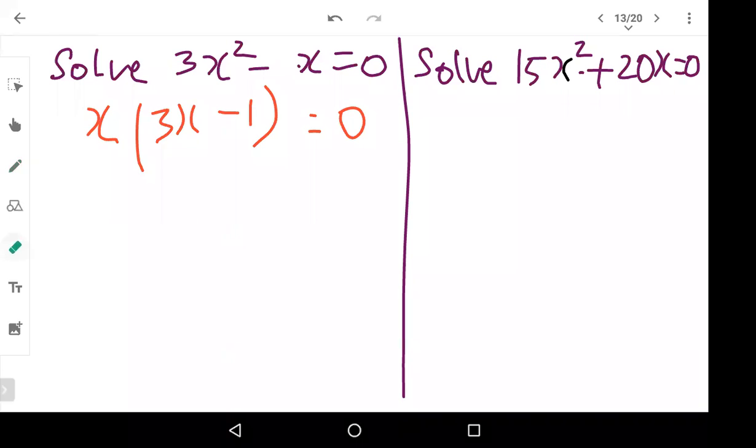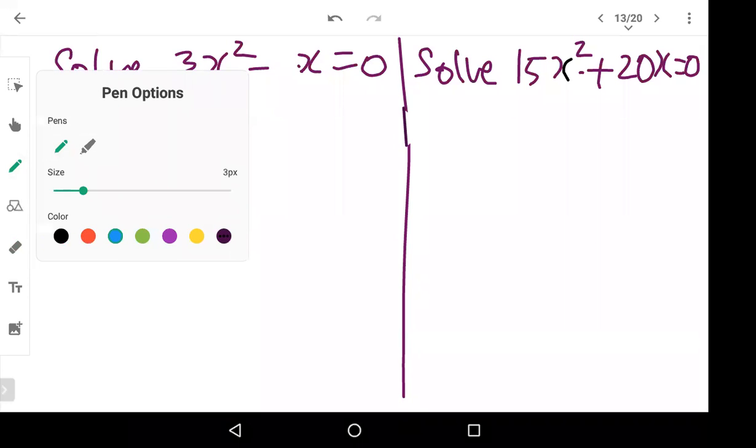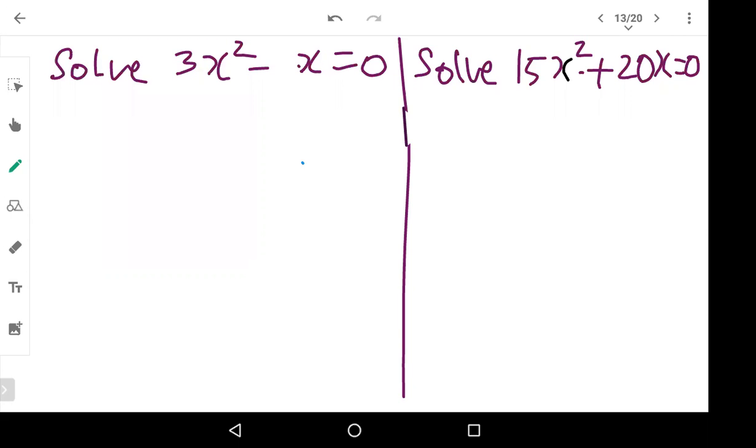So such problems, when you have two terms given here, that is 3x square minus x. Actually, this problem has a number missing. Okay, we will solve that once again. So 3x square minus x is equal to 0. Here, let's say we are taking x as common.